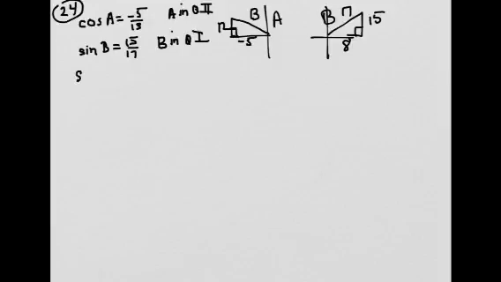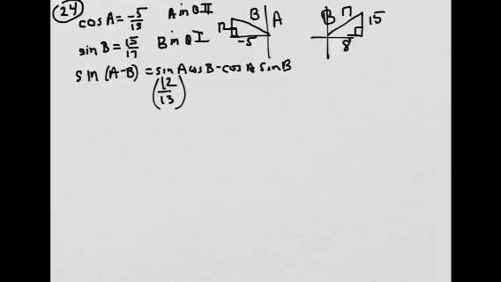Now they're asking for sine of A minus B. So that's sine A cosine B minus cosine A sine B. I'm just going to go to the triangles or the angles and pick out the ratio. So sine A, I go to angle A, and that's 12 over 13.